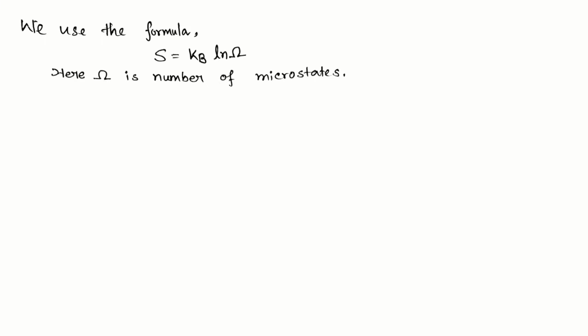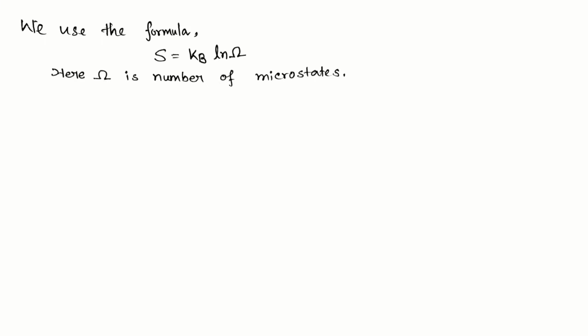So where's the problem? Now in this equation you can see S will be 0 only when Ω is 1. So if the microscopic configuration is 1, then the entropy of the system will be 0. So when is it possible? If you think logically, it is possible only when the system freezes, like at 0 Kelvin temperature.